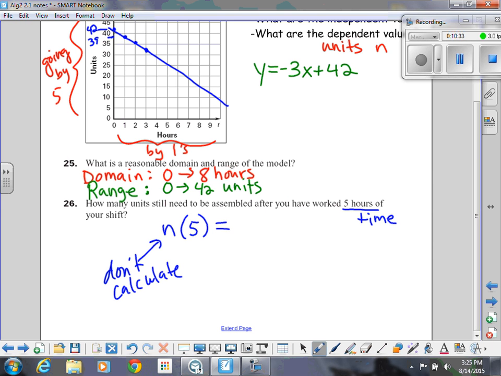What we are going to calculate is when we plug this into the actual equation part. Okay, so I'm going to be doing negative 3 times 5, that's negative 15. I'm going to add 42, so that's going to give me a total of 27 units. So after 5 hours, I still have 27 units that I have to assemble.